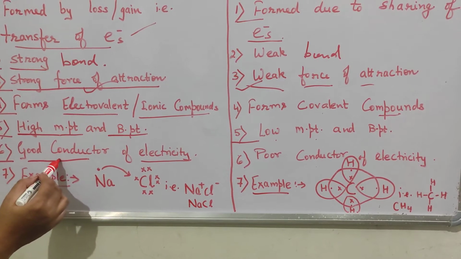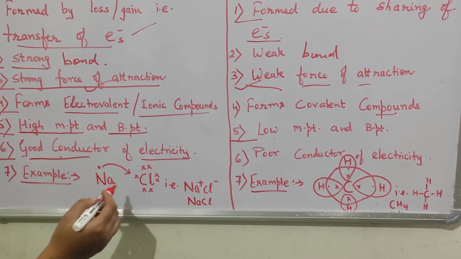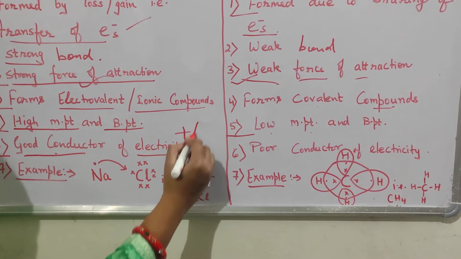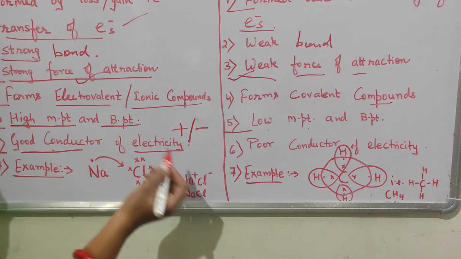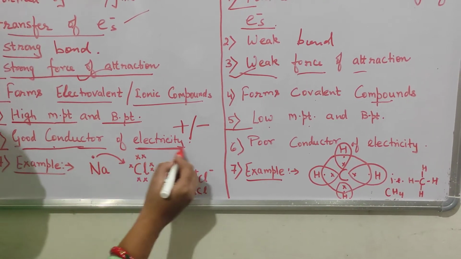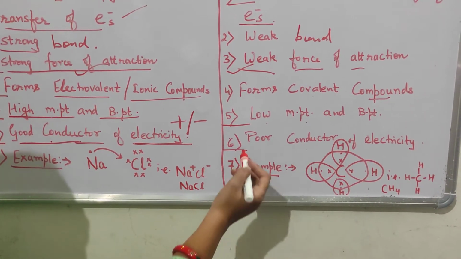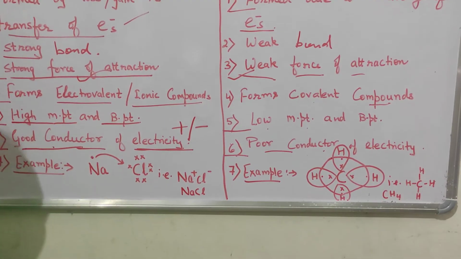Again, why they are good conductor of electricity? Because they are formed due to the charges. Definitely if there will be loss or gain of electrons, they will develop positive or negative charge. And charges have capability of conducting electricity. There are no charges, nothing, sharing is going on, so they are poor conductor of electricity.